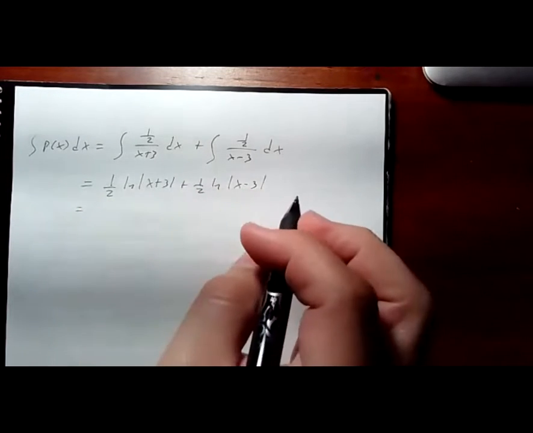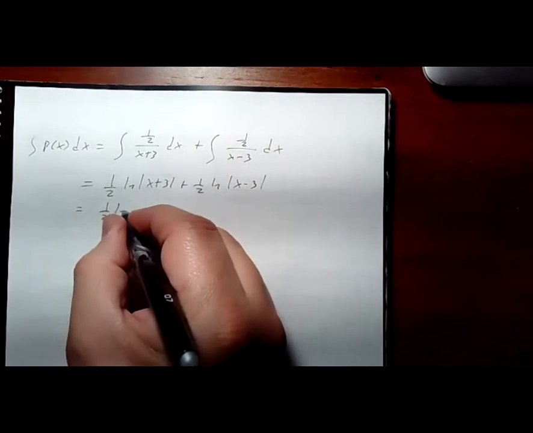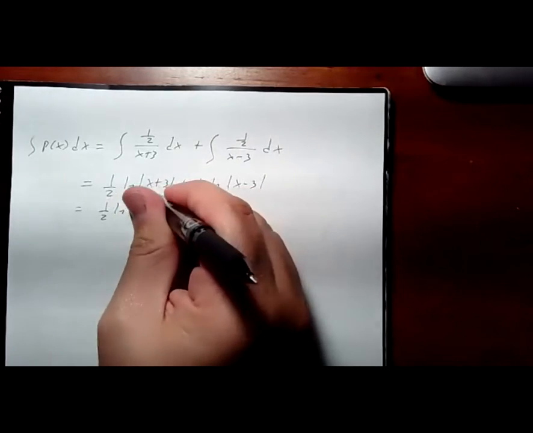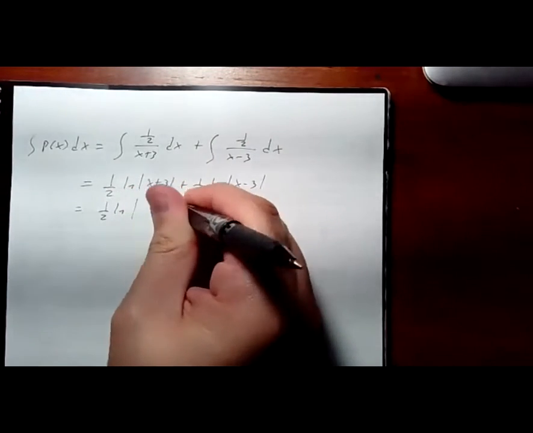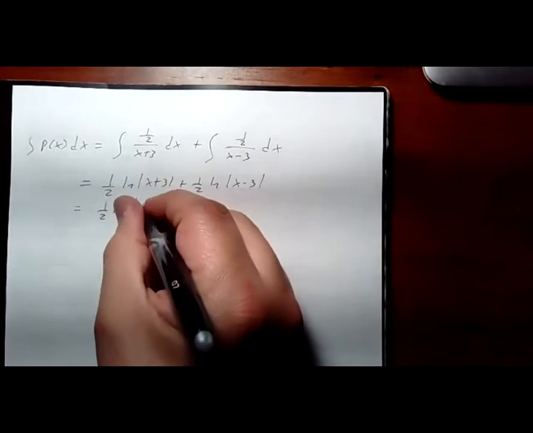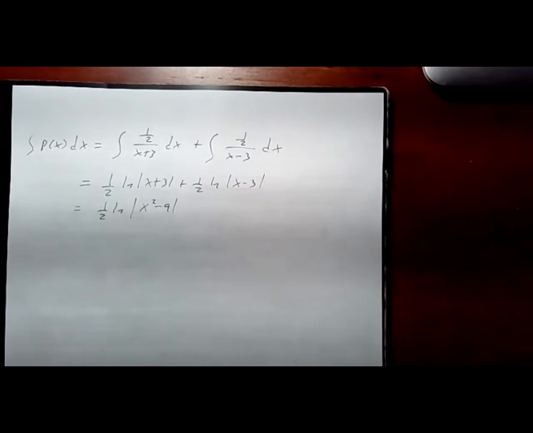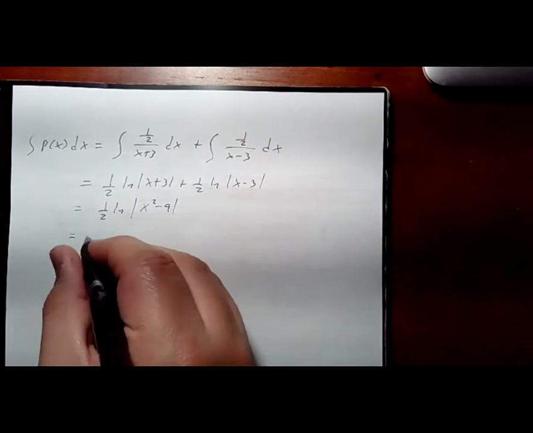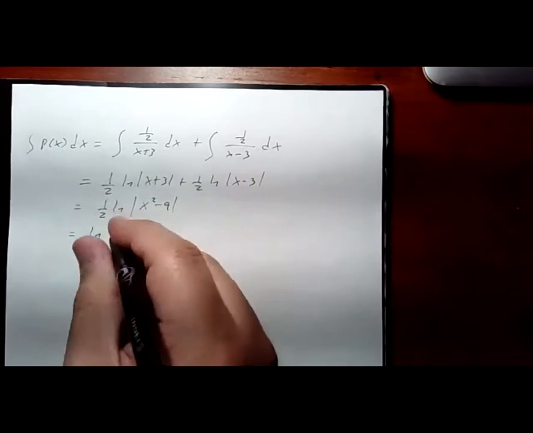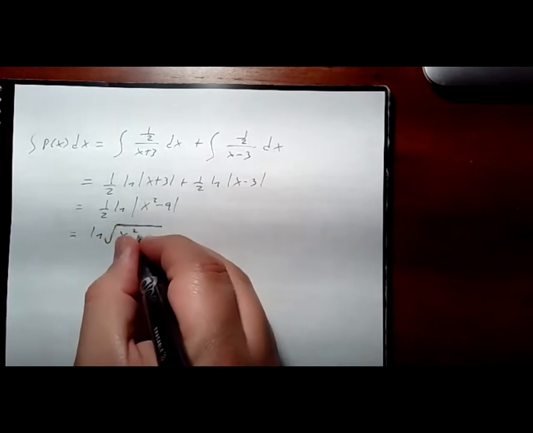When you add logs, you multiply the arguments, right? That will give us this, which is the same as ln of the square root of x squared minus 9.